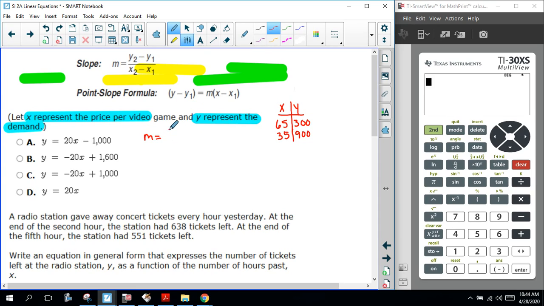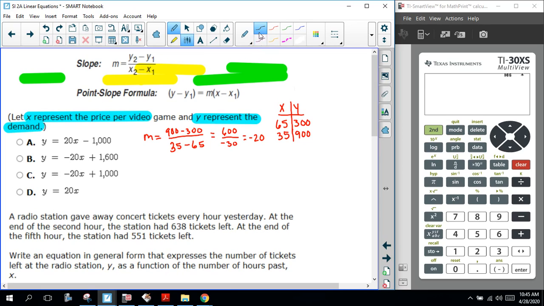So it's going to be 900 minus 300 over the x value subtracted on the bottom. Well, the x2 minus x1, the second x value, is 35 minus the first x value of 65. And when we subtract this, we get 600 on top, and we get a negative 30 on the bottom. So in the end, our slope is negative 20.